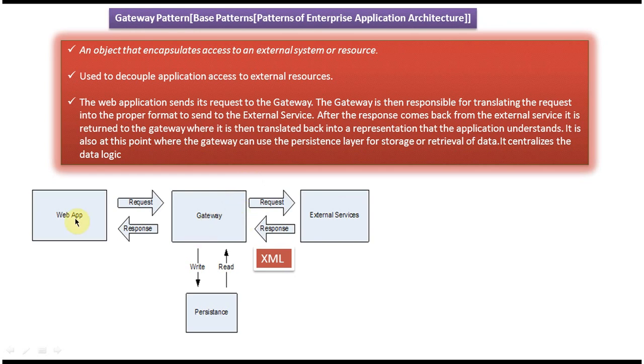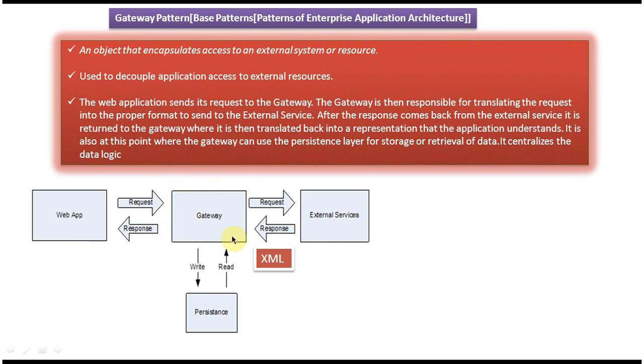Suppose the web application wants to communicate to the external service, then first the web application has to communicate to the gateway, and the gateway will communicate to the external service. So this gateway has methods and logic to communicate to the external service.